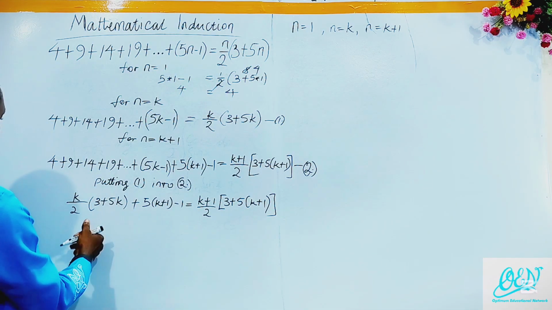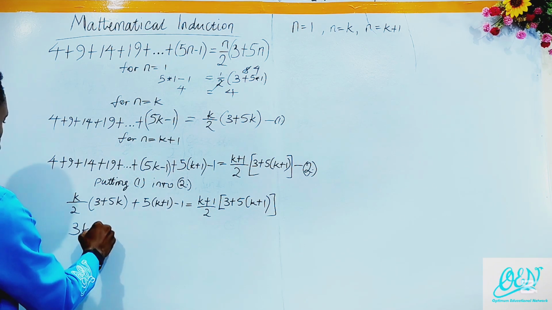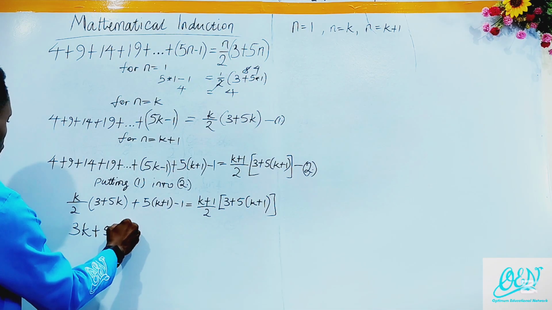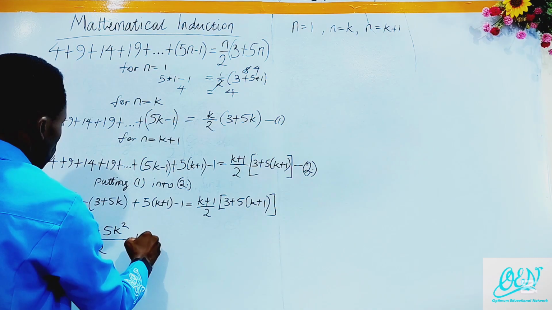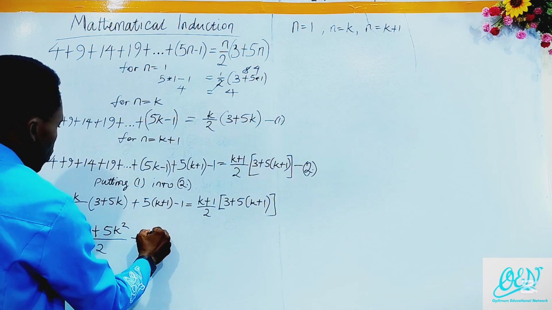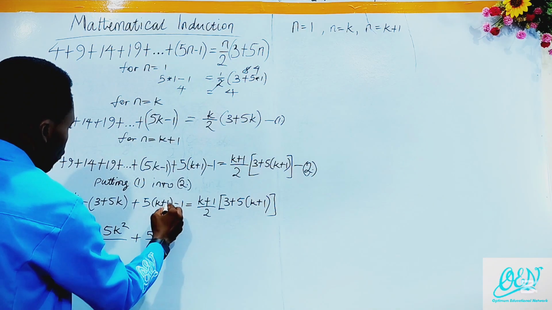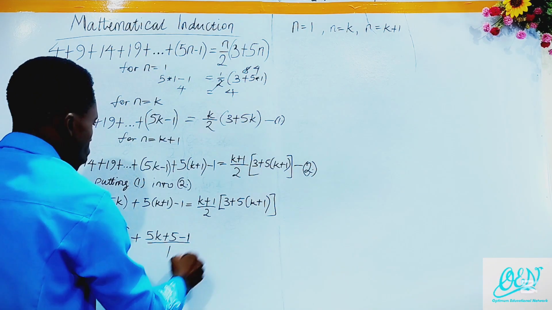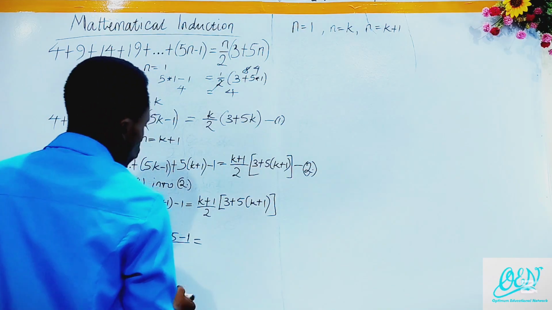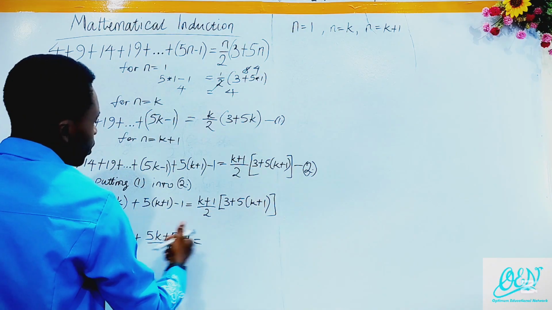Use k to multiply everything inside this bracket to have 3k, k multiplying this, plus 5k squared over 2 plus 5k plus 5 minus 1 over 1 is equal to, so first of all, expand the one inside the bracket.